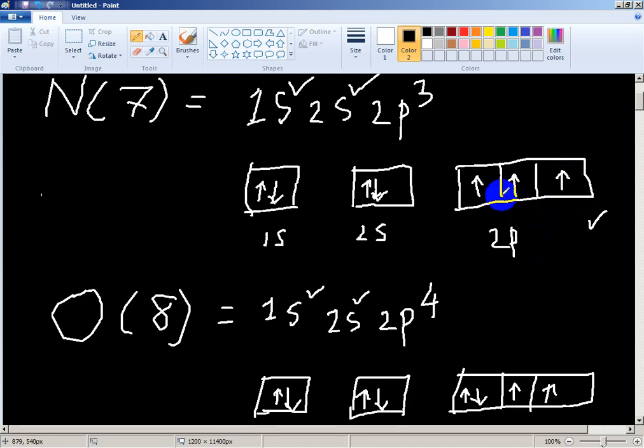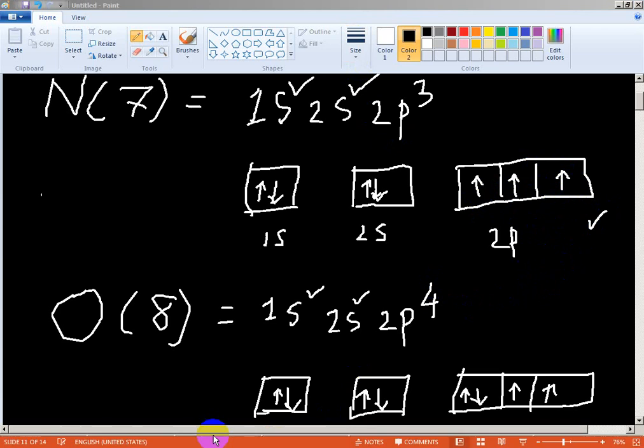So electrons enter one by one at first, and then they become double. This is right. This is Hund's rule.